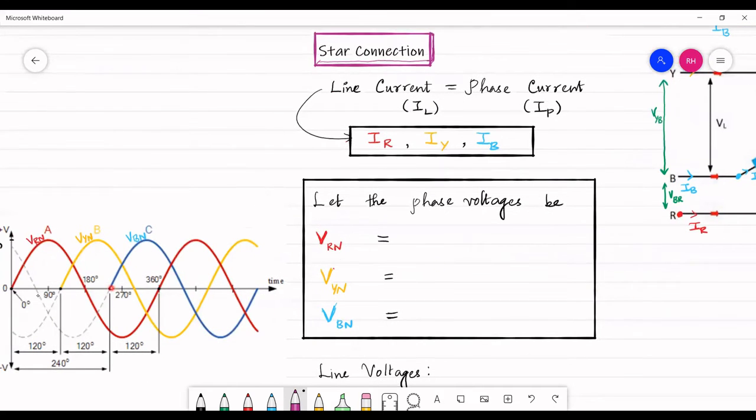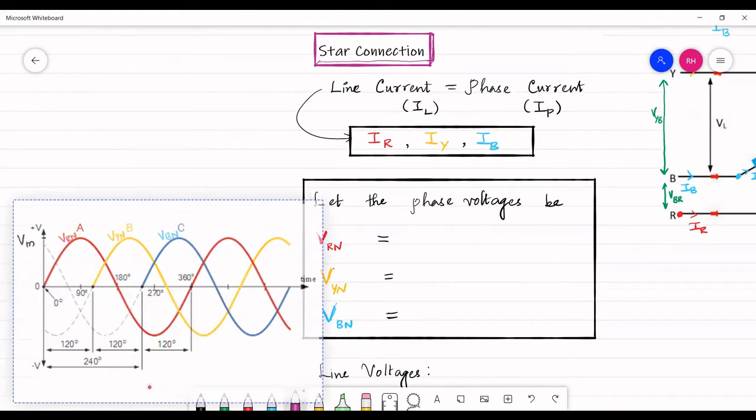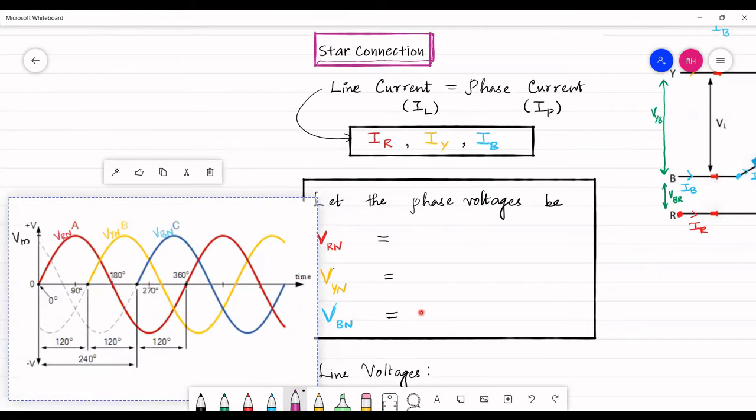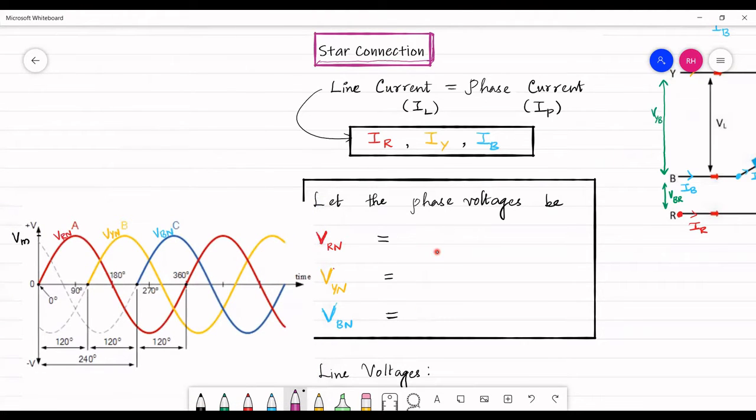Looking at this waveform, let us write the expression. So VRN starts at an angle 0 and its maximum amplitude is Vm, and hence we write VRN as Vm angle 0. And after an angle of 120 degrees, we have VYN starting, and hence it is Vm angle minus 120 degrees. VYN also has the same maximum amplitude Vm.